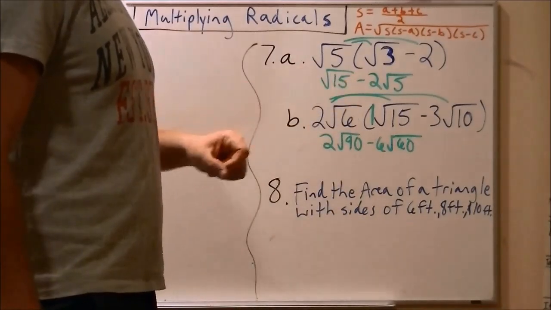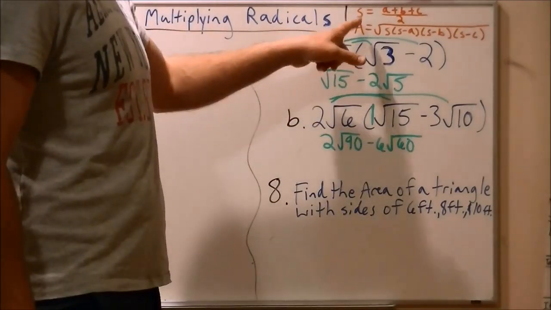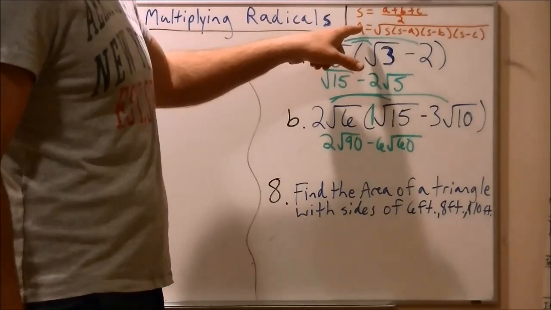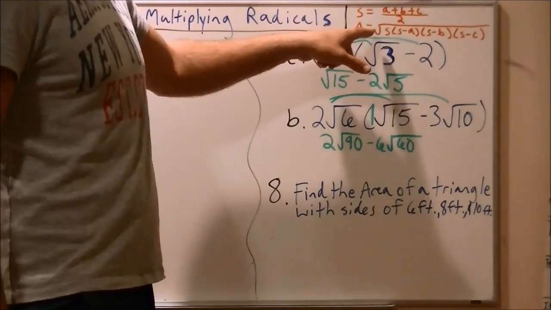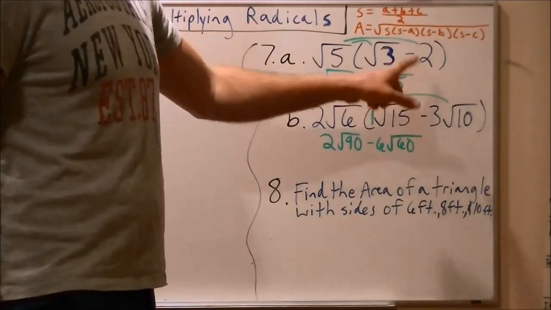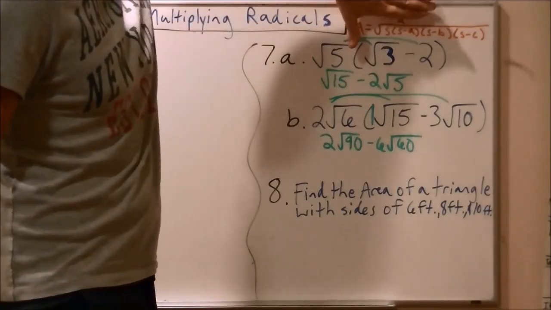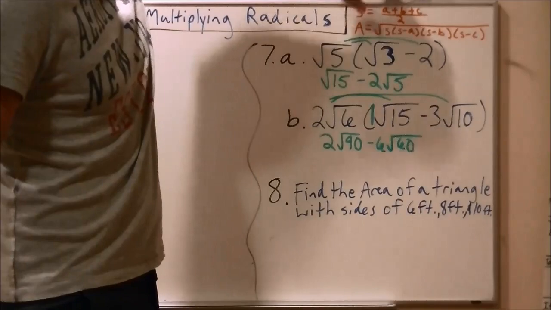Okay, we're going to need to be able to find a side. I'll show you how in just a minute. But the formula for the area of a triangle is, and that 2 doesn't apply to that, okay, that's for the one above it.